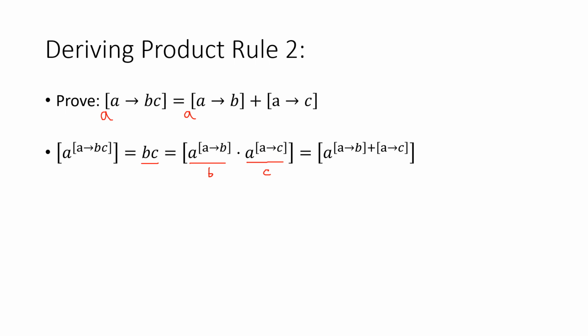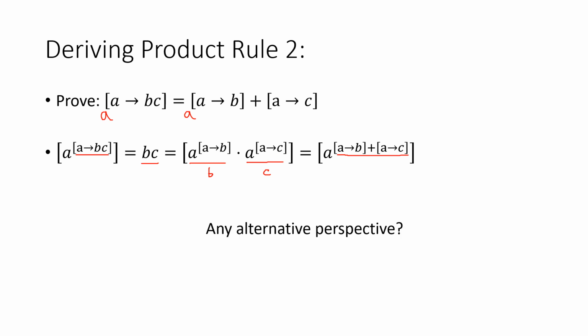And when we have two products, we want to add the exponents. And therefore, this exponential here is equal to this. Notice we use a property that is the product rule for exponentials.